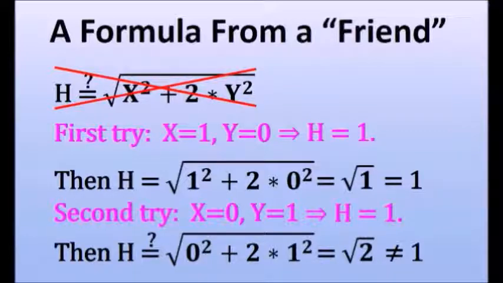For that reason alone, we can see that this formula shouldn't work. X and y are getting treated differently, but common sense says that they shouldn't be. And in fact, we can see that this formula isn't treating x and y the same way, since it gives a different answer for a horizontal line of length 1 than it gives for a vertical line of length 1.